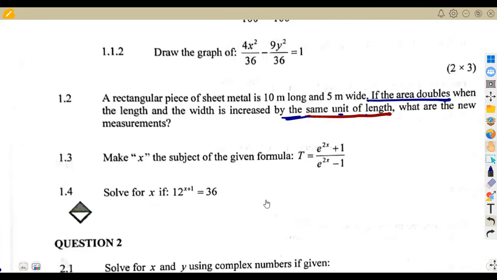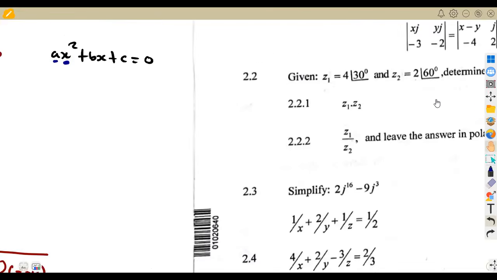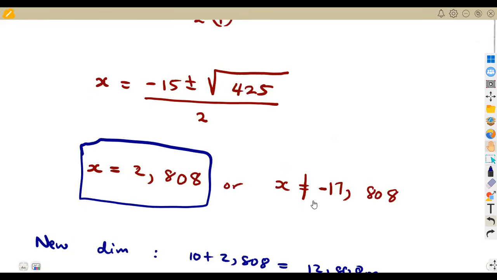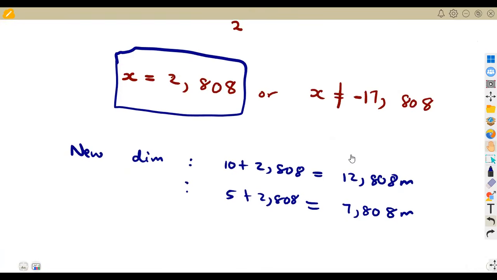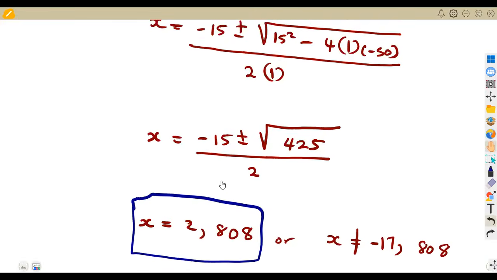So we want to check these new dimensions, 12,808 and 7,808. If we multiply these two, we are supposed to obtain double the area, which is 100 square meters. Remember, the area of the first rectangle is what?